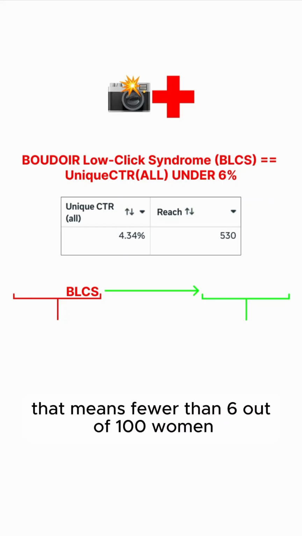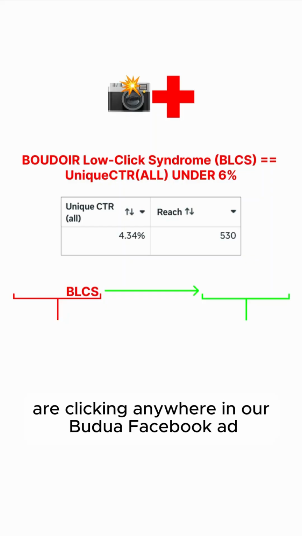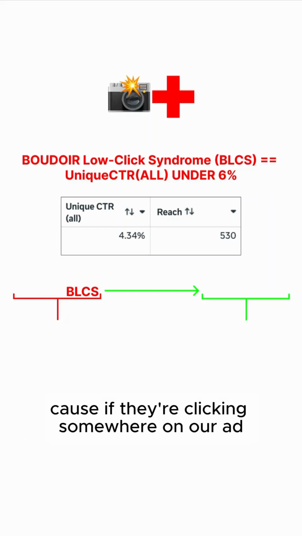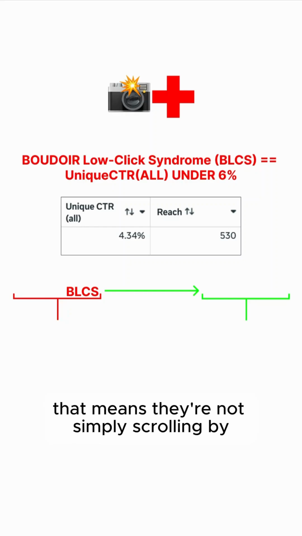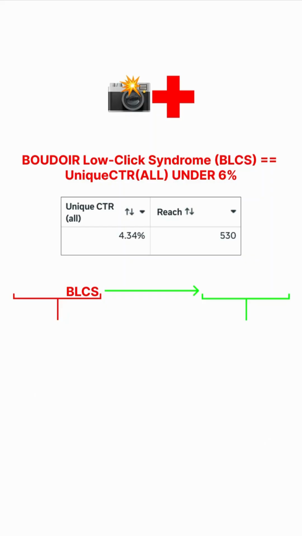That means fewer than 6 out of 100 women are clicking anywhere on our boudoir Facebook ad. And we care about this because if they're clicking somewhere on our ad, that means they're not simply scrolling by. This is all basically the non-scroller buyers.